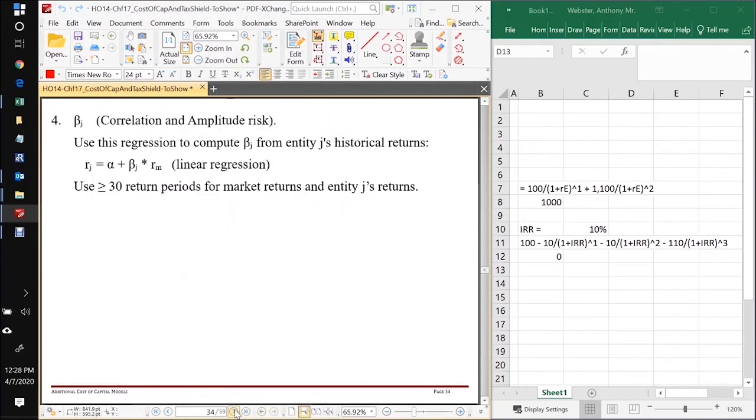And then how do we get the beta? The beta we get by doing our linear regression exactly the same way we did in the previous chapter. We just get 30 years worth of returns for the market represented by the S&P 500 or something, and 30 years of returns for a stock we're thinking about investing in, and we do that linear regression, and out of that pops alpha and beta.